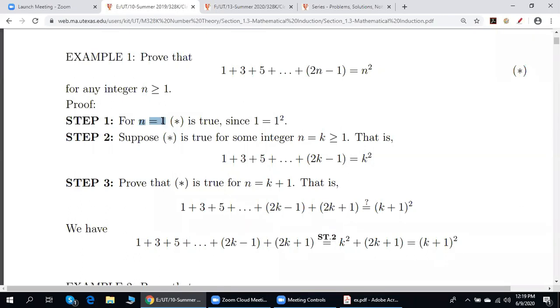And for the same reason, we are able to jump from n is equal to 2 to n is equal to 3, from n is equal to 3 to n is equal to 4, and so on, because the jump from n is equal to k to n is equal to k plus 1 works for any n is equal to k where k is greater or equal to 1.